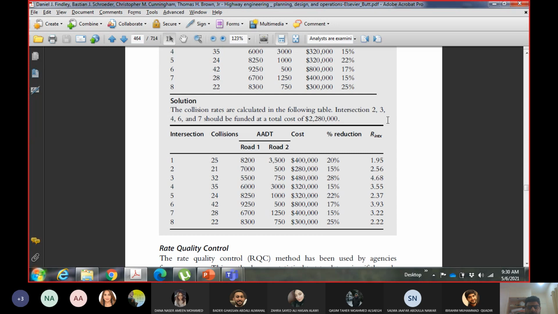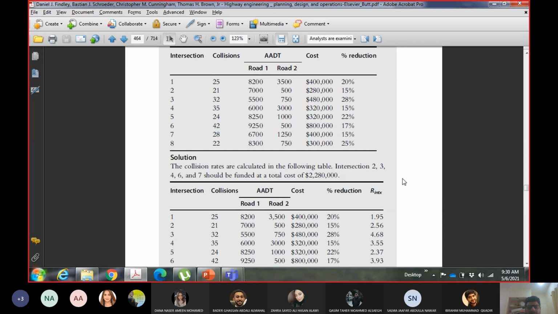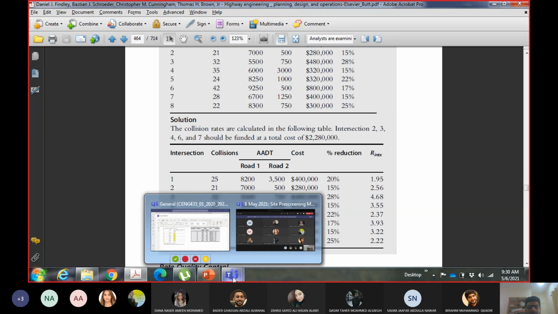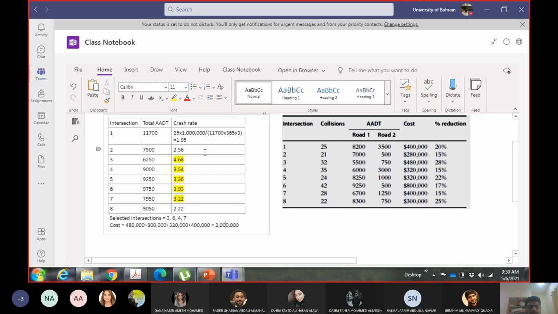They are saying 2, 3, 4, 6, and 7. Did we select the same sites? No. 2, 3, 4, 6, and 7. So they are not selecting this one.